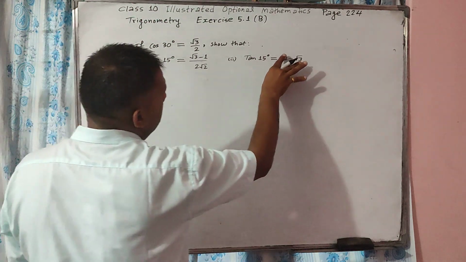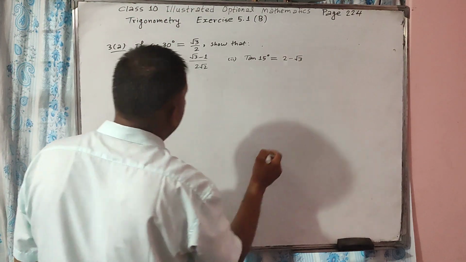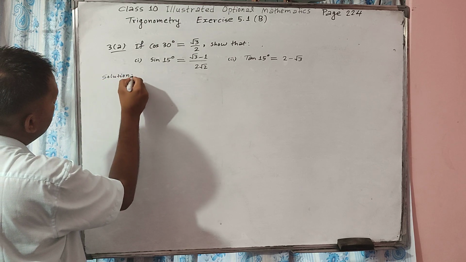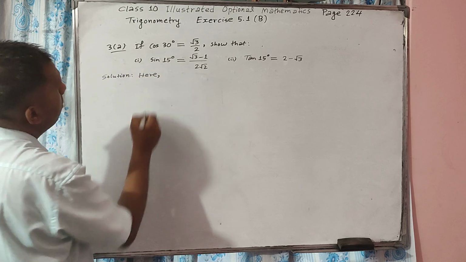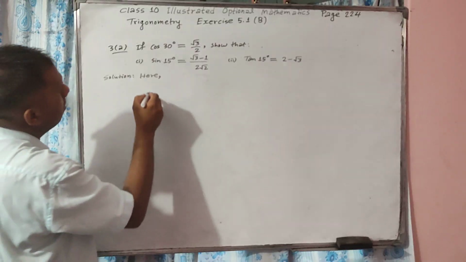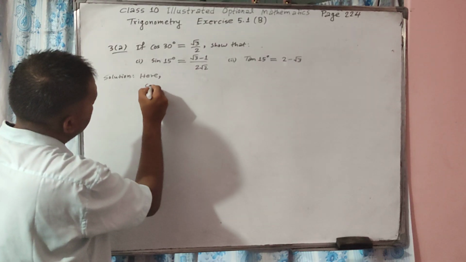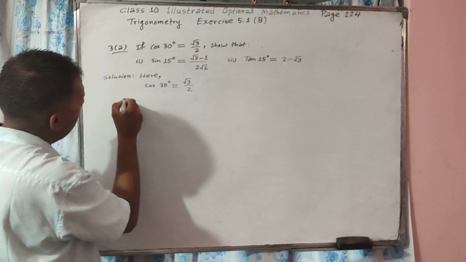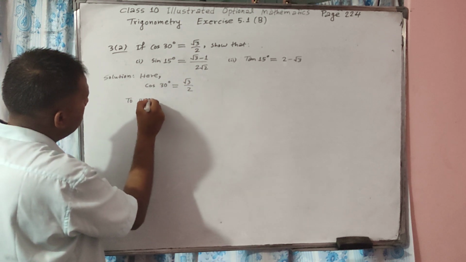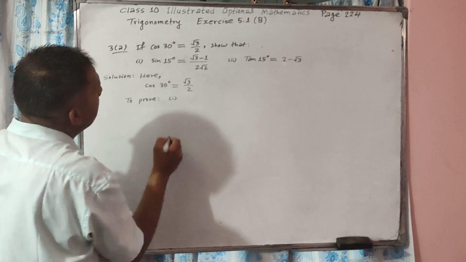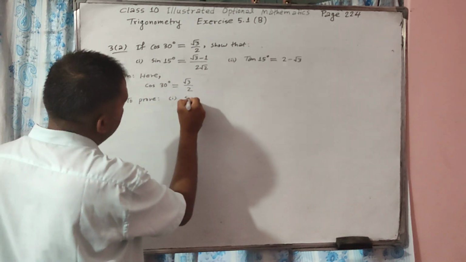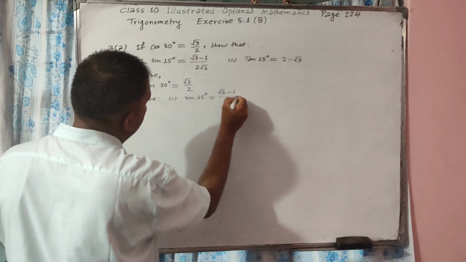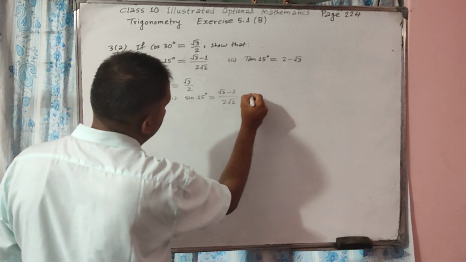Now its solution. Solution here, cos 30 degree equals root 3 by 2. To prove: 1, sin 15 equals root 3 minus 1 whole upon 2 root 2.